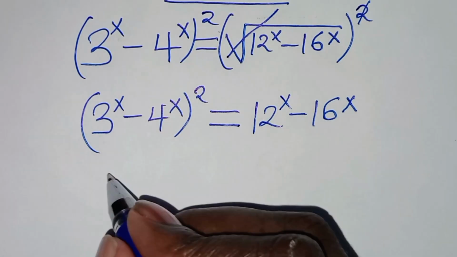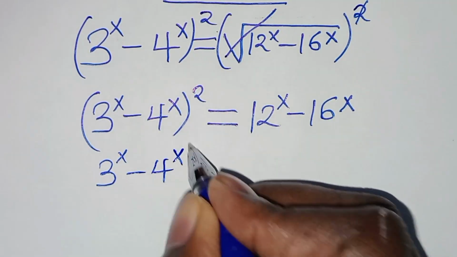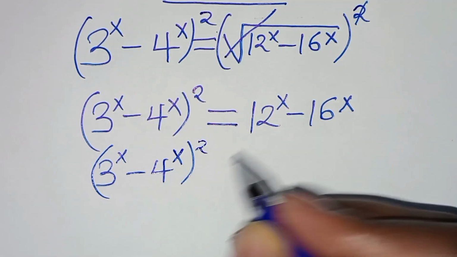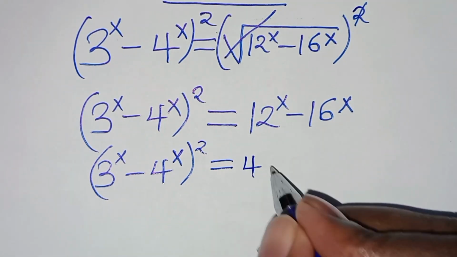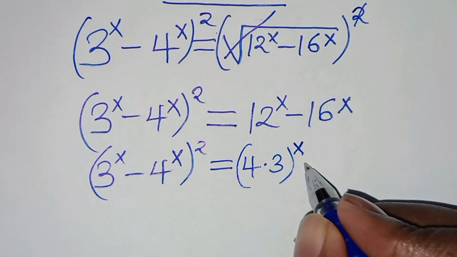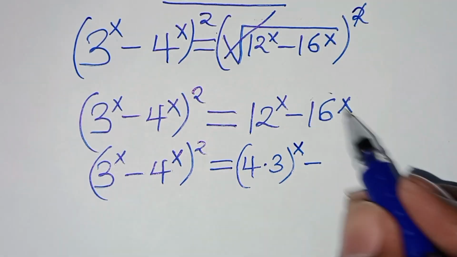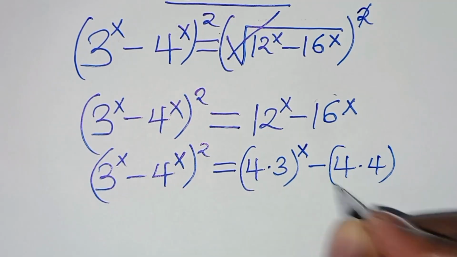The next step is that we have (3 to power x minus 4 to power x) squared equal to, we can express 12 as 4 times 3, raised to power x, then subtract 16 to power x, which you can express as 4 times 4 raised to power x.